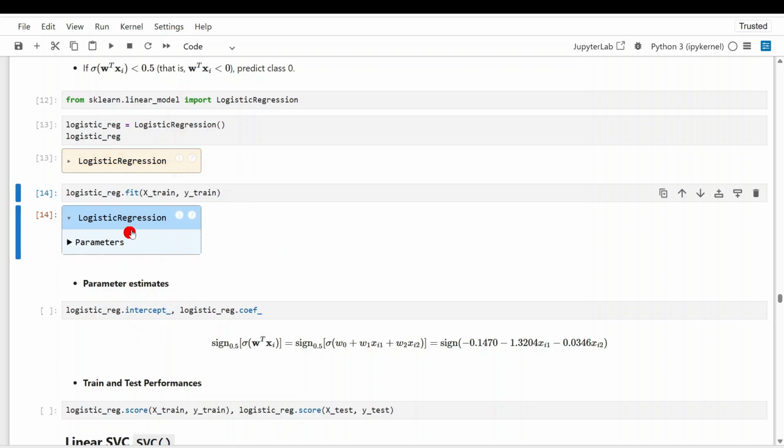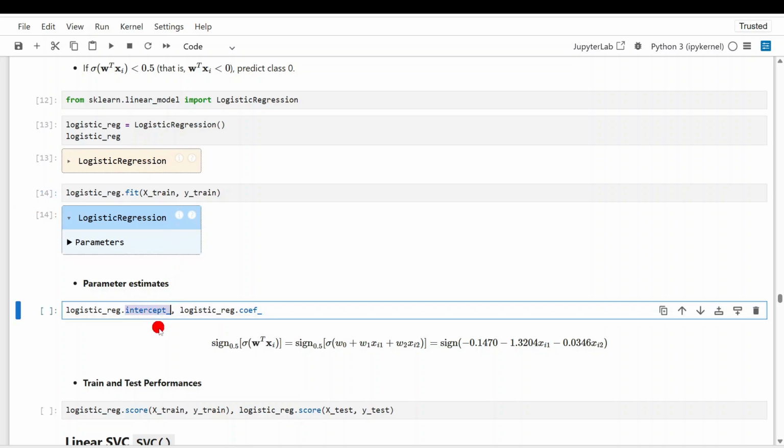Let's see the parameter estimates. Once we fit this logistic regression model, we can extract the parameter estimates using the attribute intercept_ to obtain the bias, and coef_ to obtain the weights associated with the two different covariates. So let me run it.